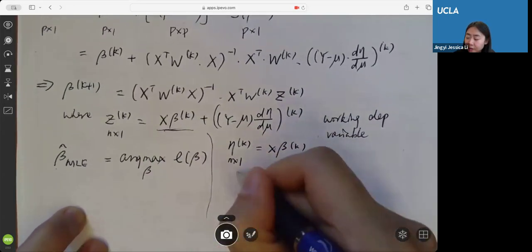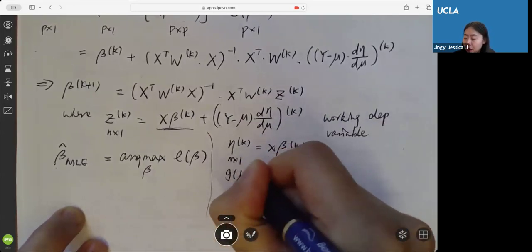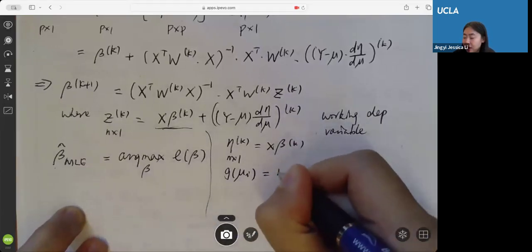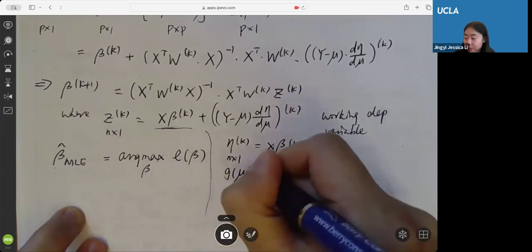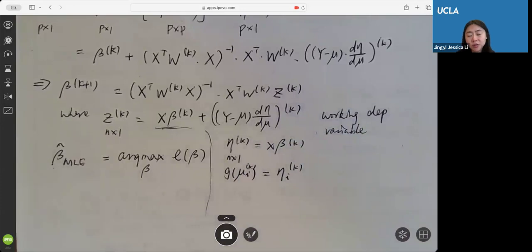And we also have, for each response, the expected value of yi is called mu i. G of mu i is known as eta i, right? So if we put k here, that's how we are going to go back from eta ik to mu ik.